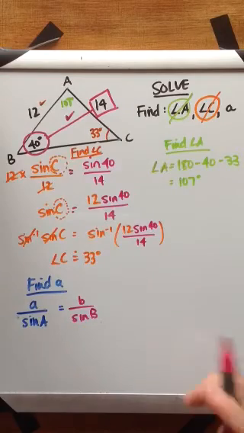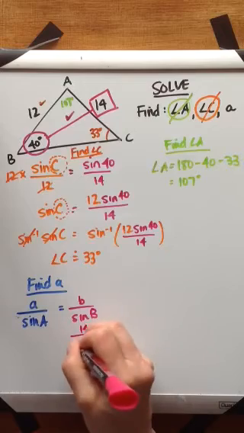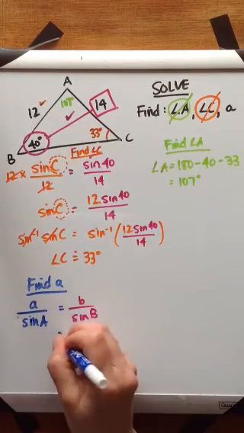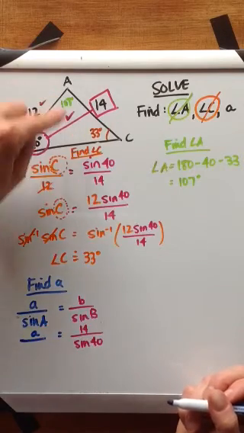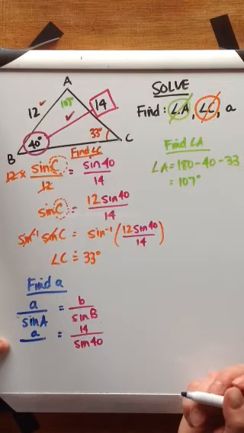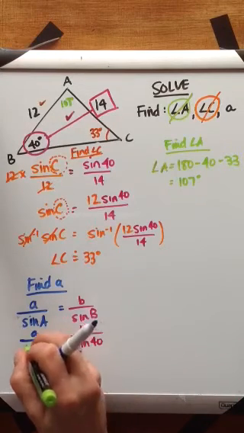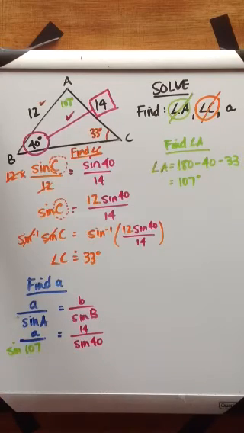All right, let's put in some numbers. So little b is 14. Angle B is 40. We don't know little a, but we know that angle A is now 107. So we can put that in there, and I'll color code it just so that you know where it comes from. Okay.